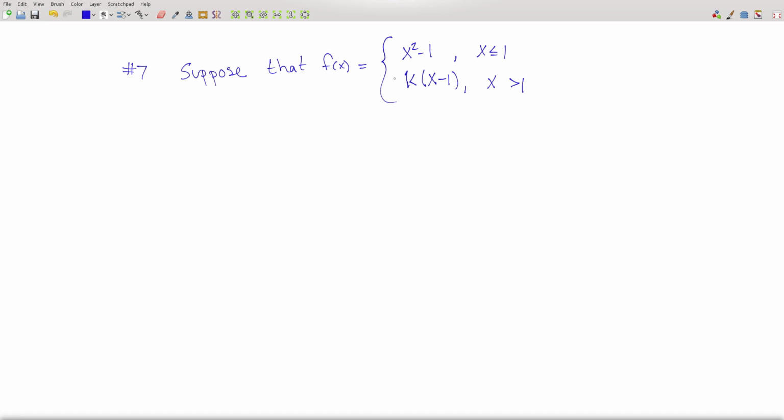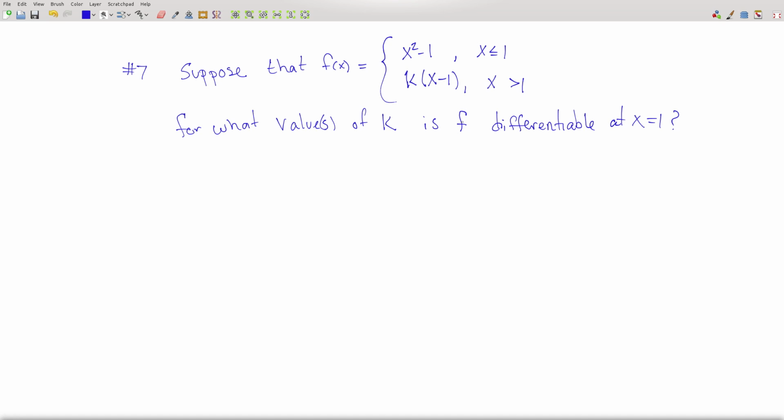This is the function that the problem gives us, and it asks for what values of k is this function f differentiable at x equals 1.